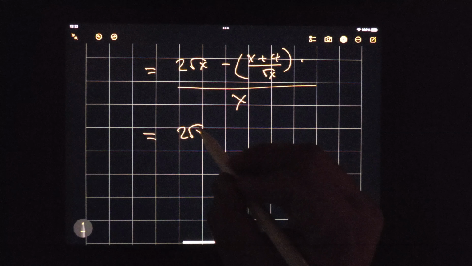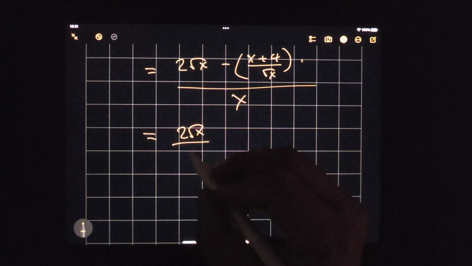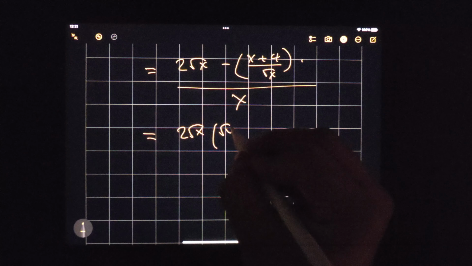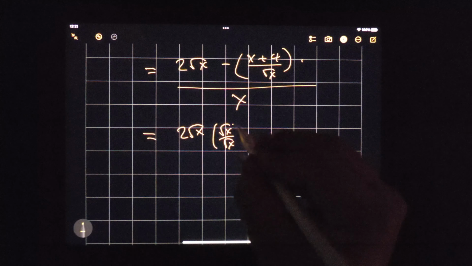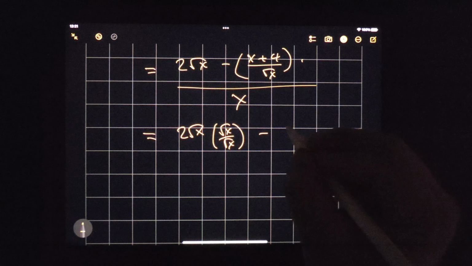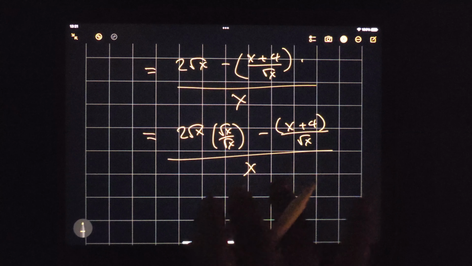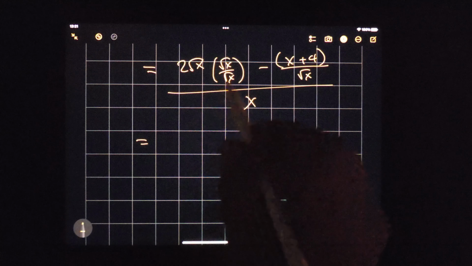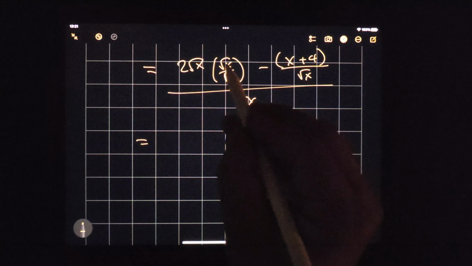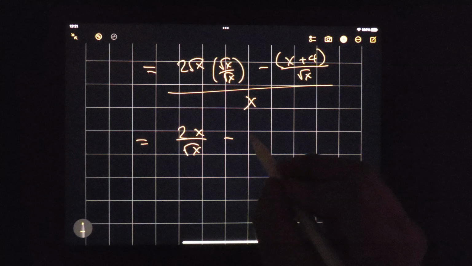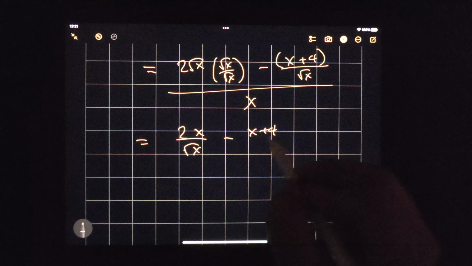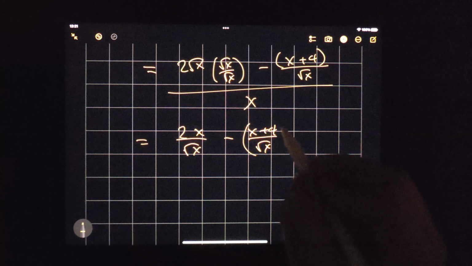So I'll just multiply this by root x over root x. That should give me x plus. And then that will become x. 2x over root x minus x plus 4 over x.